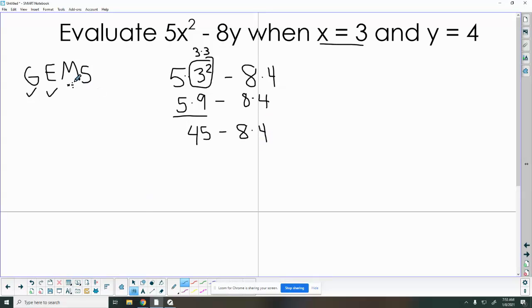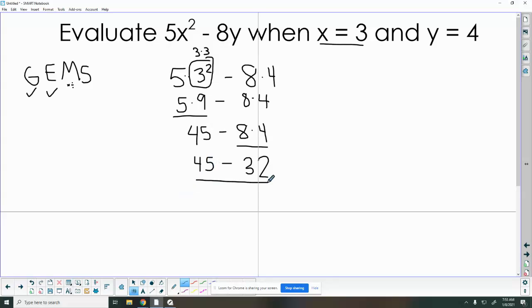So we're still looking for multiply and divide. So there's nothing there. Oh, here's one. Let's go ahead and do that part. Bring everything else down. 8 times 4 is 32. Then we're going to bring down the minus and the 45.